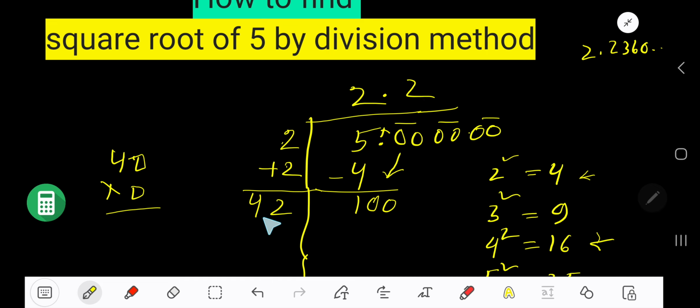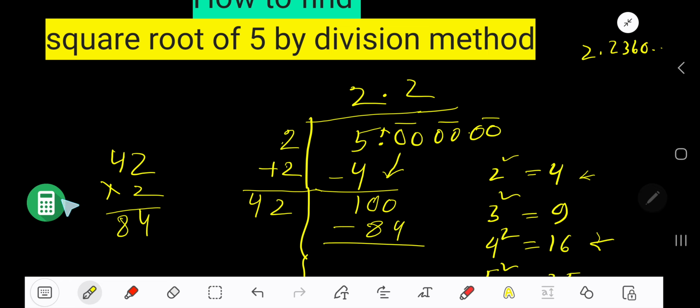Then you need to multiply this number by 2. You are getting 48. So 2 times 42, which is 84.